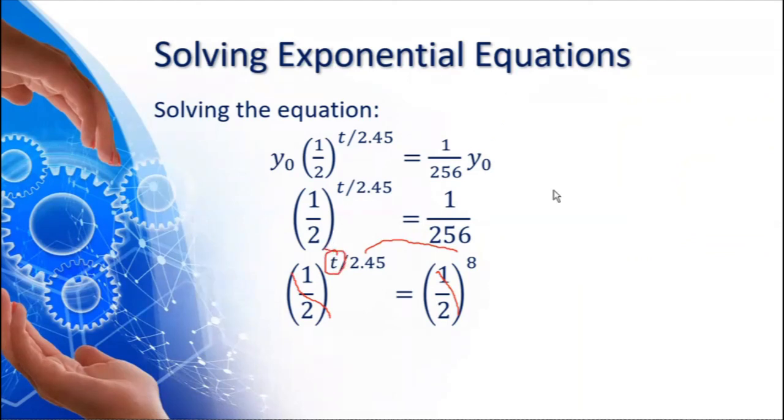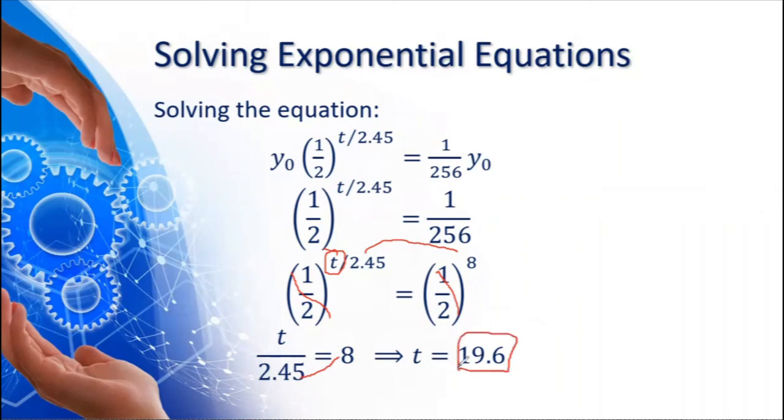Okay, so let us compute. So we have t over 2.45, yung exponent ng left side, at 8 naman sa right side. Then solve natin yung time. So simple ang gagawin mo lang ay cross product ng 8 and 2.45. So ang result nun, 19.6.